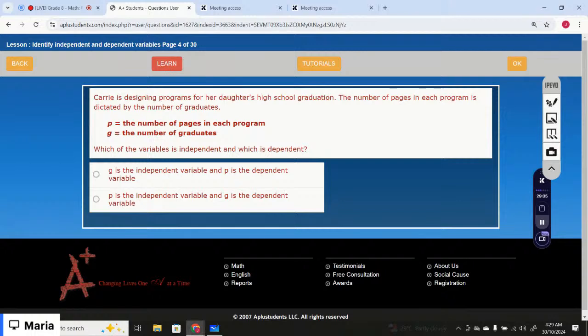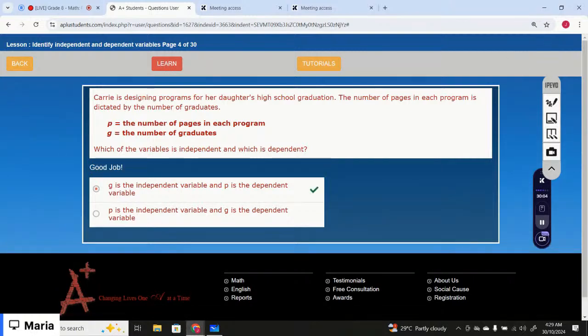So P is the dependent variable. Option number one is the correct option. G is the independent and P is the dependent variable. Very good.